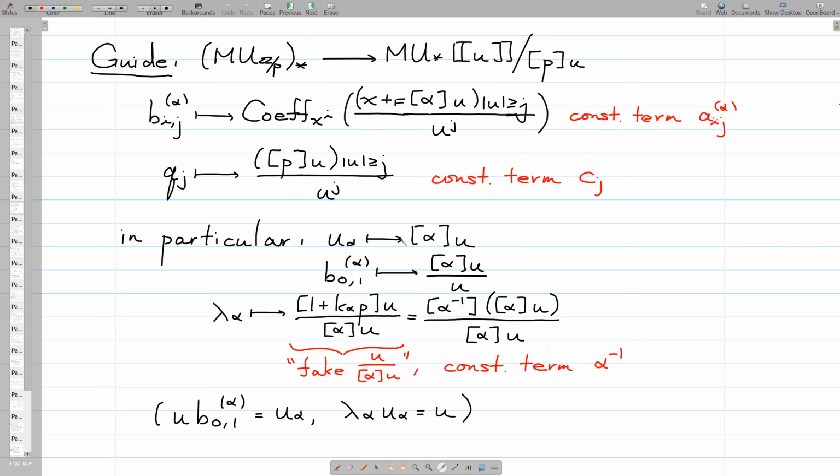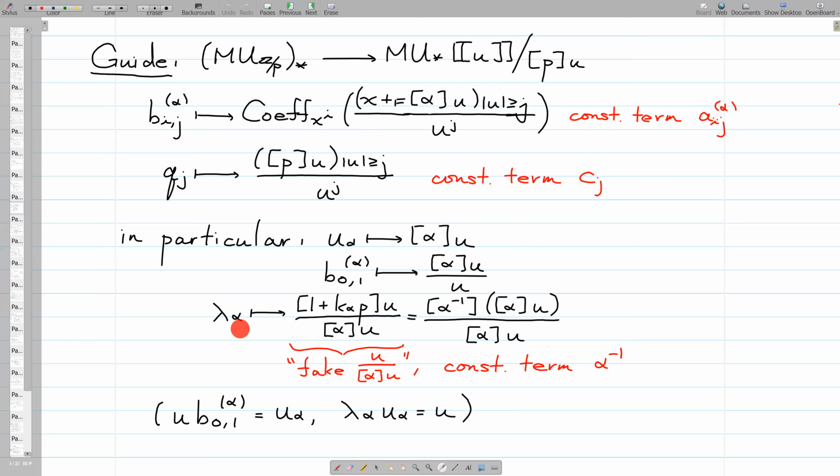So in particular, the U alphas, the Euler classes, just go to the alpha series in U. What are these B01 alphas? Why are they special? They go to the alpha series in U divided by U. So that exists because the alpha series doesn't have a constant term.